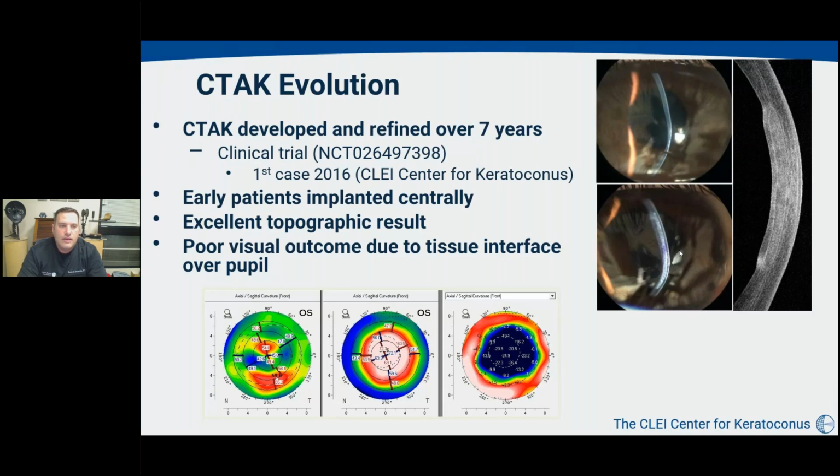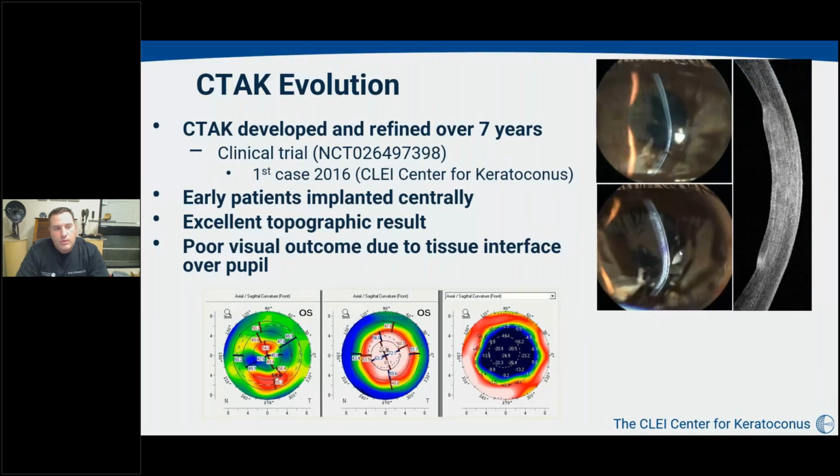At the time, CTAK really took the form of placing lenticules that were shaped with the excimer laser in a pocket within the cornea to reshape and improve corneal topography. As you can see in the pictures below, we were able to get a very impressive amount of flattening with these lenticules. And we were really excited about the corneal topography that we were able to see postoperatively.